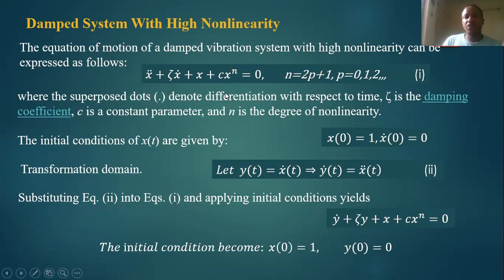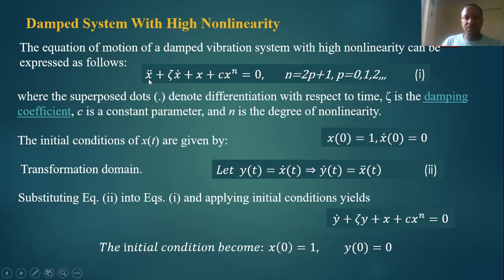This equation is a second order differential equation, but it is not linear. In order to be linear, this term should be 0, but here it is not 0, it is c x to the power of n.